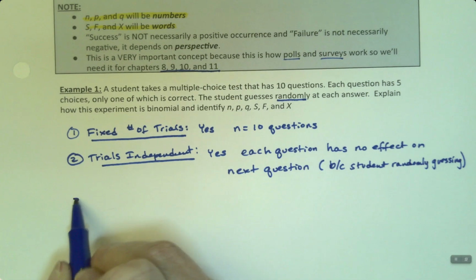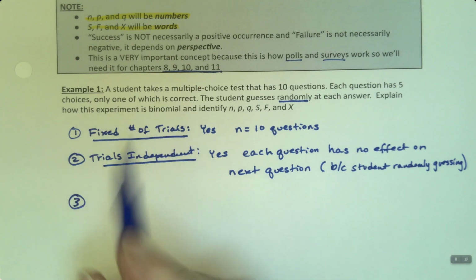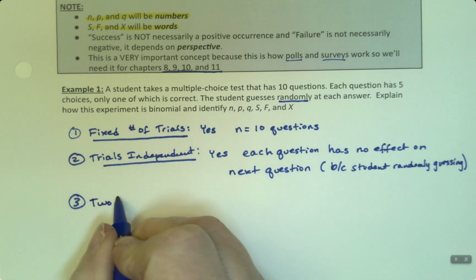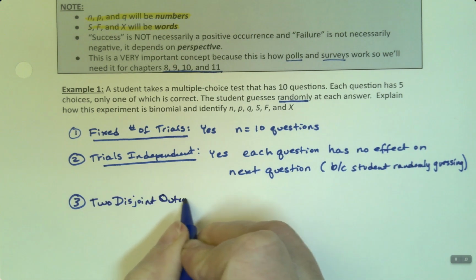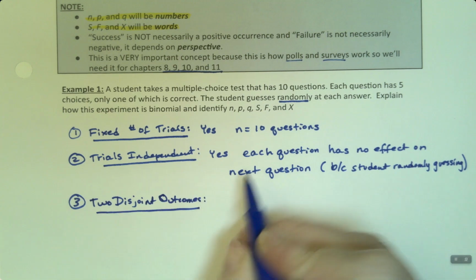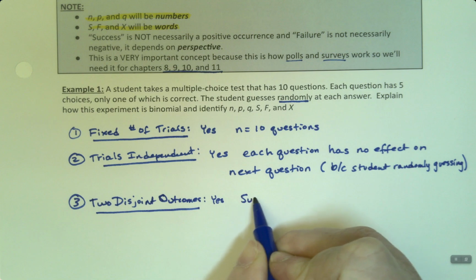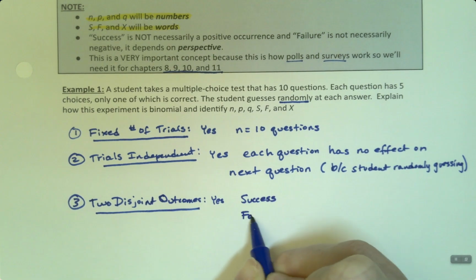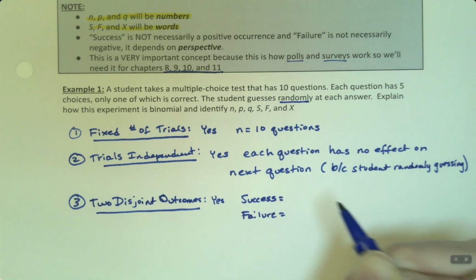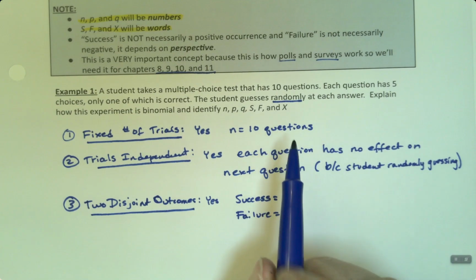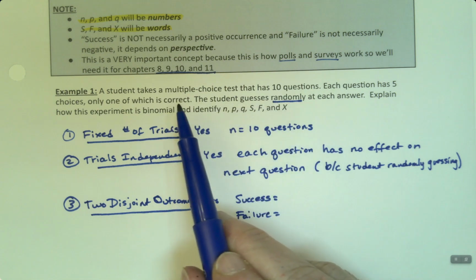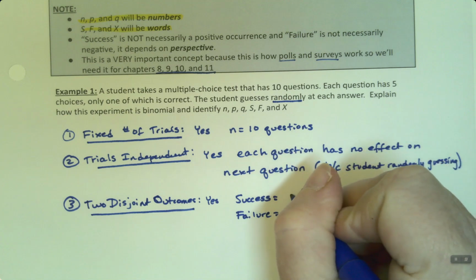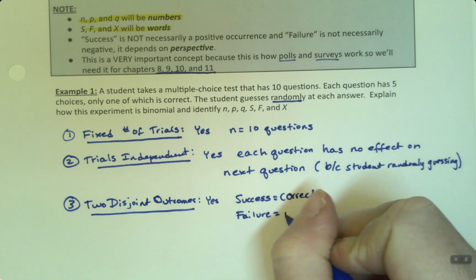Thirdly, we have 2 disjoint outcomes. This tends to be the hardest one to write out. We have to write what they are. So the answer is yes: success, failure, and X. Success would be, assuming the student wants the question correct, from the student's perspective, correct. And failure is that they get it wrong.